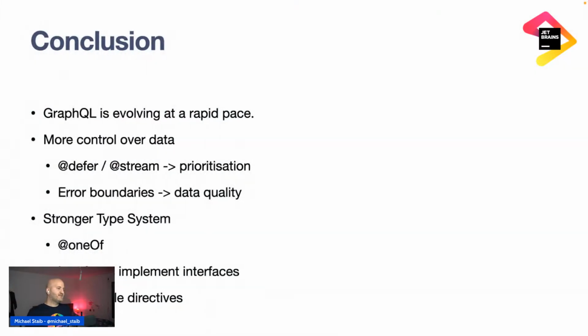And as a conclusion, GraphQL is really rapidly evolving with a ton of new features coming in the next spec version. If you look back at the beginning, when Facebook started with GraphQL, they only had query and mutation. Then in 2016, they introduced subscriptions. They actually already outlined these experiments around stream and defer.